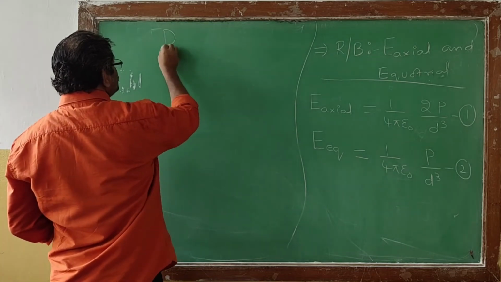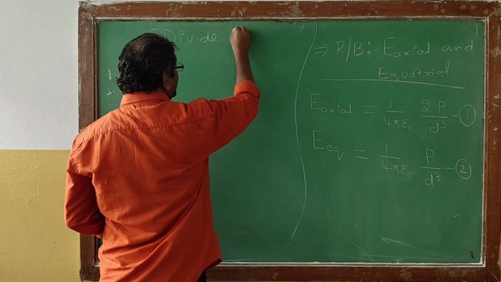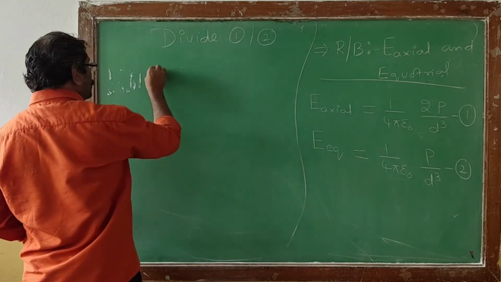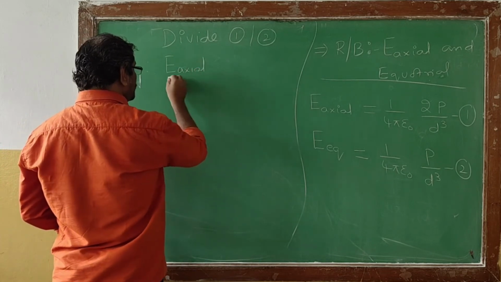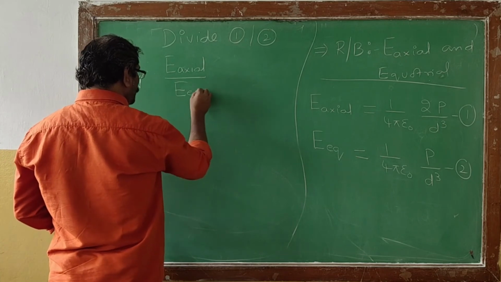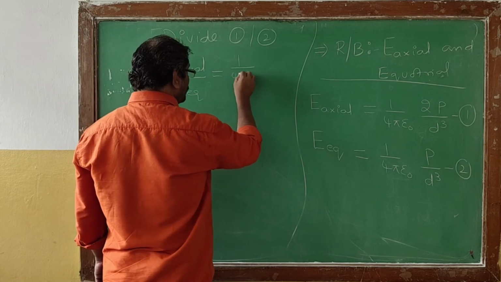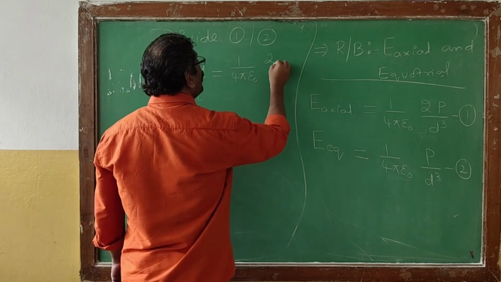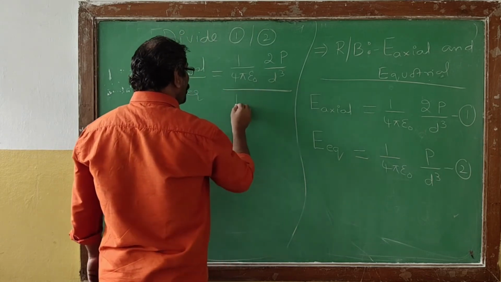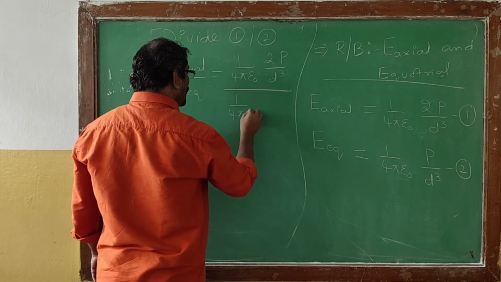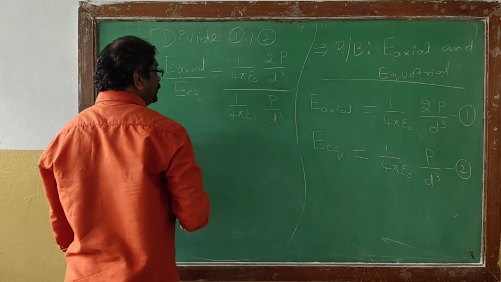Therefore E axial divided by E equatorial will be numerically equal to 1 by 4 pi epsilon naught 2p divided by d cube, whole divided by 1 by 4 pi epsilon naught p divided by d cube.